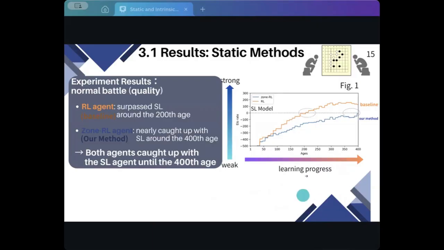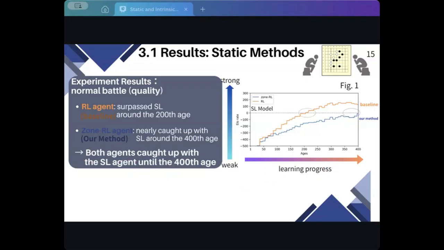As the error rating increases, the strength of the agent also increases. In this experiment, we call our static method agent the zone RL agent. The zone of the zone RL agent is set null.